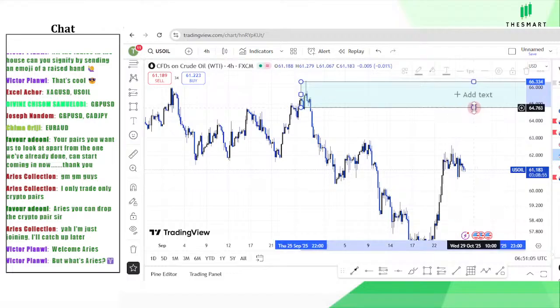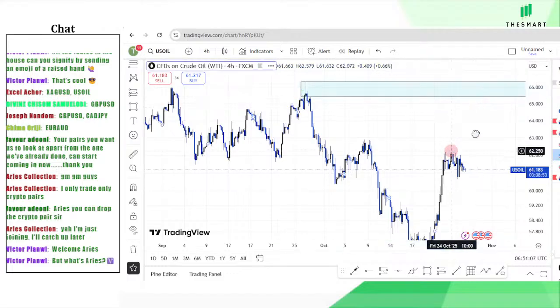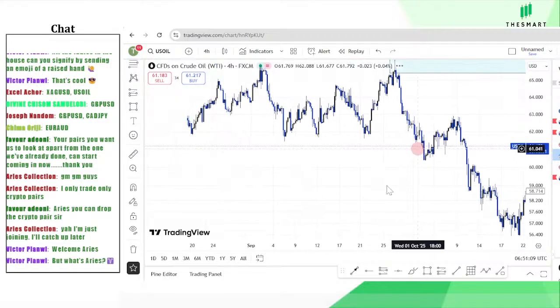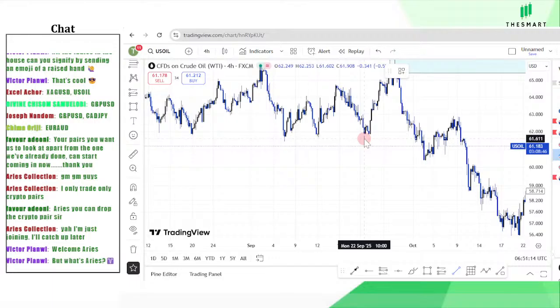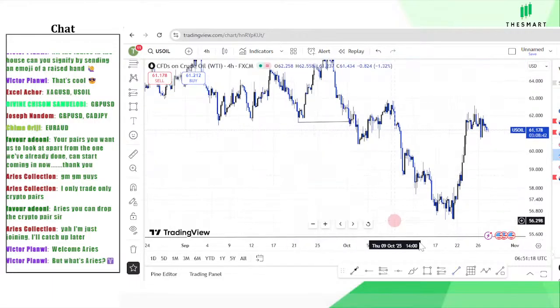first let's refine this properly. Okay, so we have this on the 4 hours current price action, this, and this.